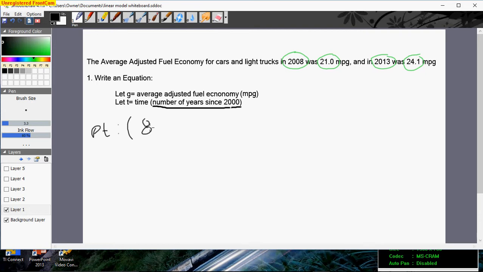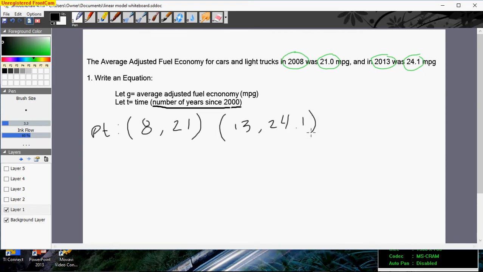Because we gave this units and quantified it, we're going to deal with dates that aren't outrageous, because there wasn't average adjusted fuel economy in the time of the dinosaurs. So we have to deal with dates that make sense. Our second point is going to be 21. In this ordered pair, we're also going to have 13 and 24.1.